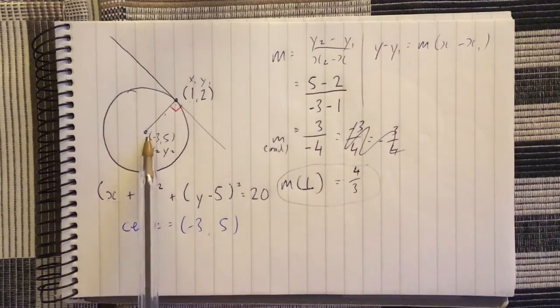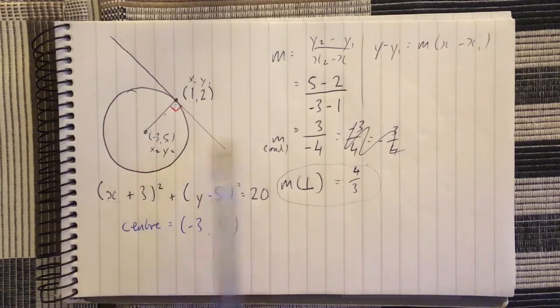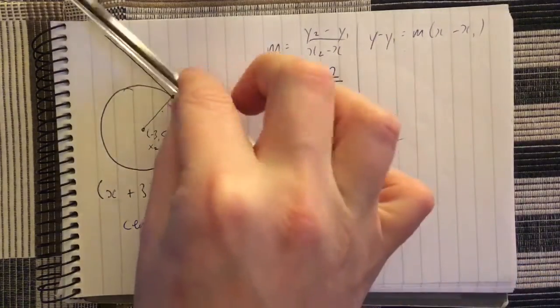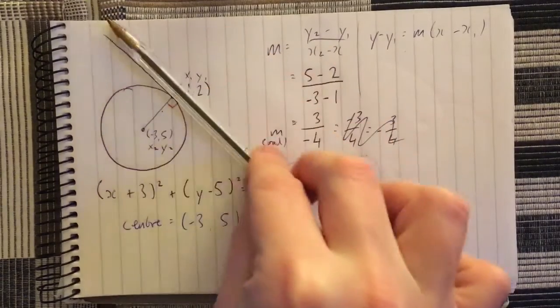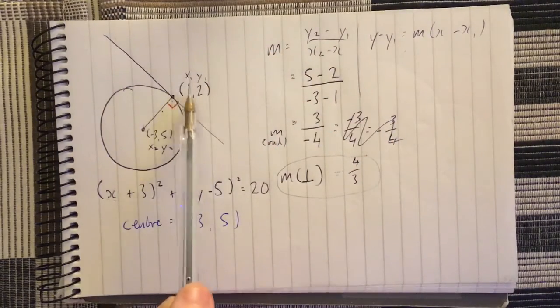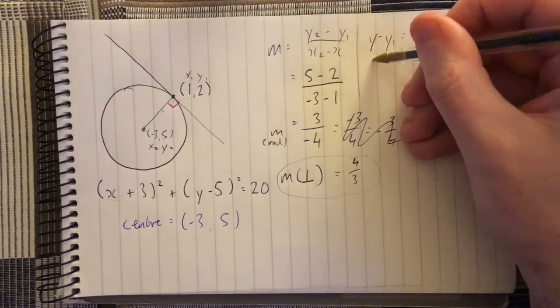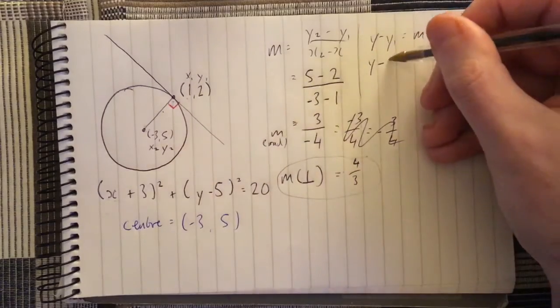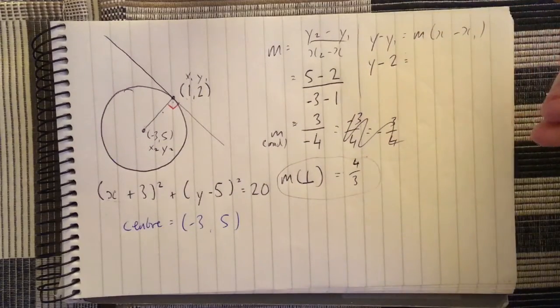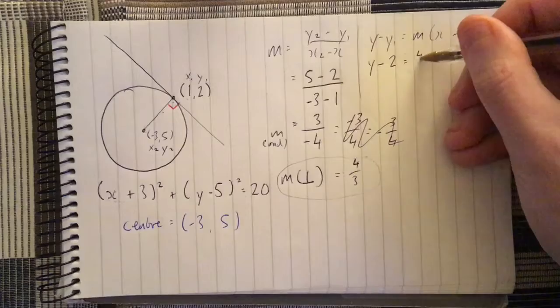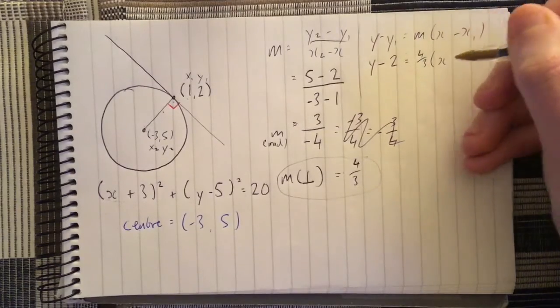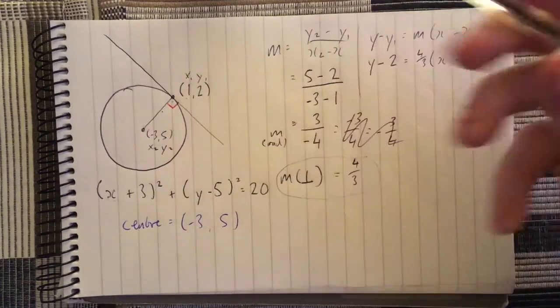So you don't put the center, (−3, 5), into this formula. You're getting the equation of this tangent line, so you're looking for the point where the tangent touches the circle, the (1, 2). So I'm going to go y minus 2 equals m, so the slope is 4 over 3, times (x minus 1).